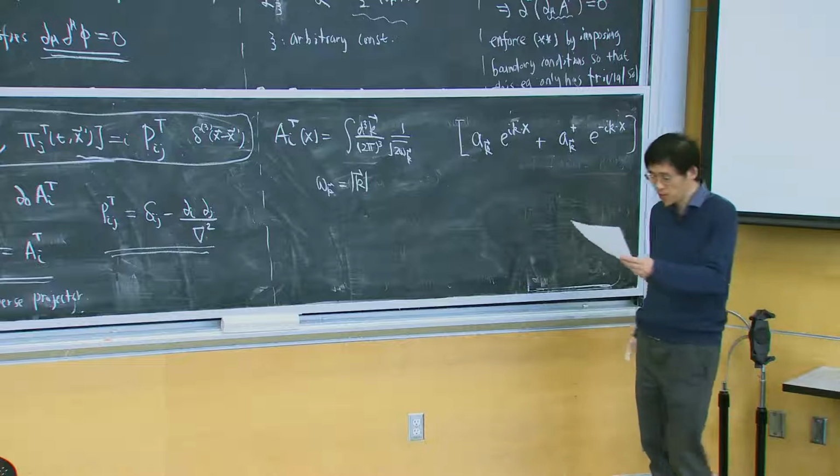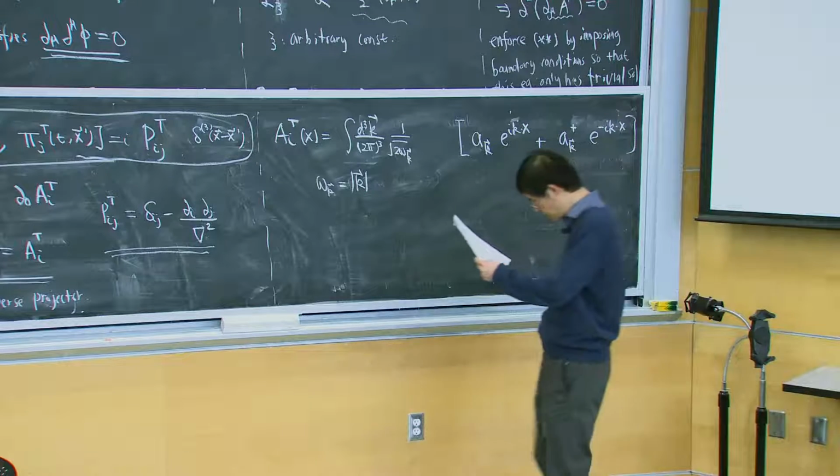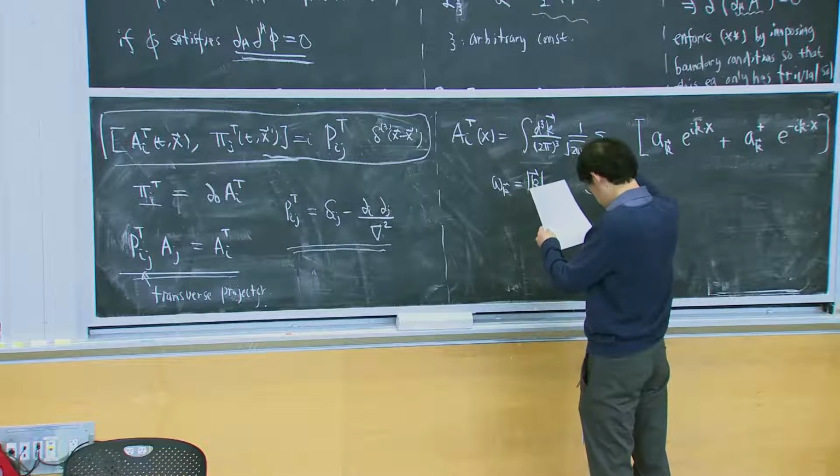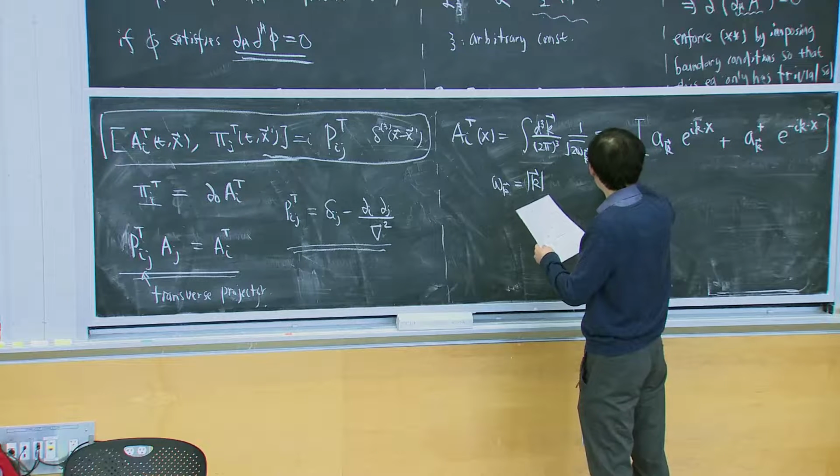Let me parameterize the two independent solutions by a polarization vector, epsilon_i^r, with r equal to 1 to 2.